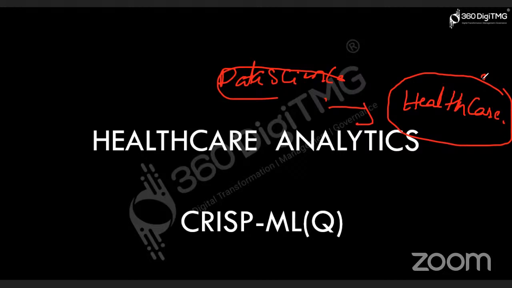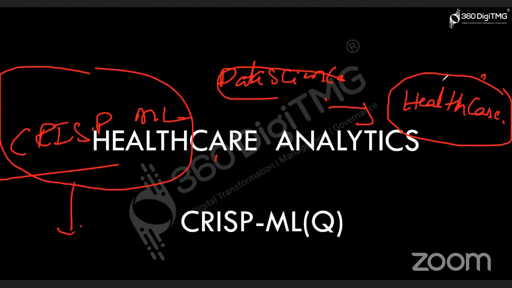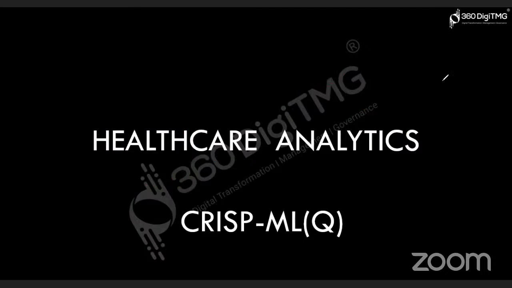That is what we discussed as CRISP-ML, the cross industry standard process, whether it is healthcare analytics or any other industry, be it agriculture, HR, accounts, cyber, law, everything. For everything, we will be using the CRISP-ML methodology that we discussed in the last session.